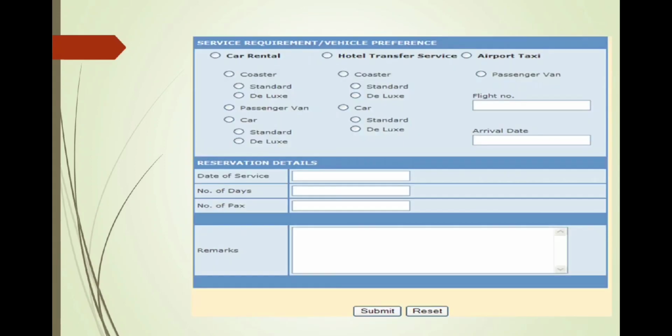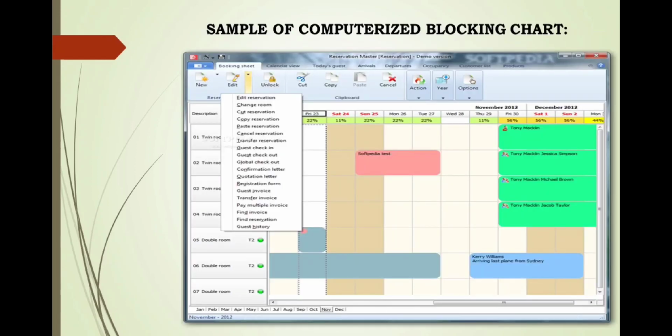Also, there are service requirements or vehicle preference, and the reservation details, which are date of reservation, the number of days, and number of packs, and there are remarks. And this one is a sample of a computerized blocking chart.